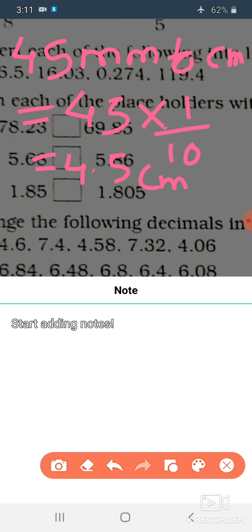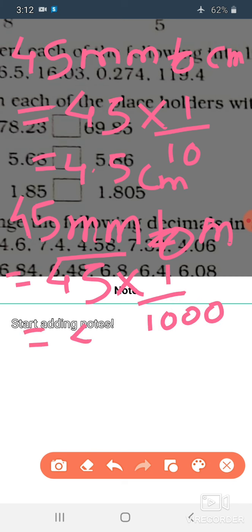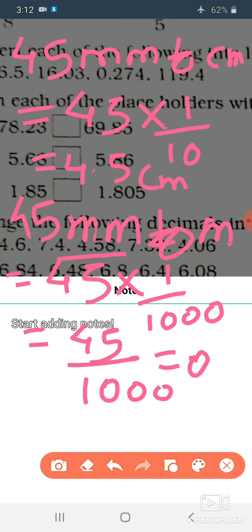So next one is 45 millimeter to meter. We need to multiply it by 1 by 1000, that is 45 by 1000 gives 0.045.